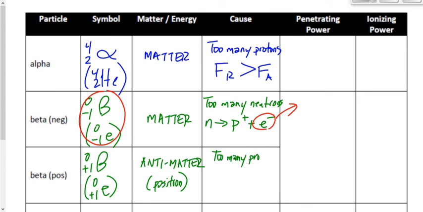But this time, it's not an issue of the force of repulsion being too big. This time, it's once again an issue of the energy being unstable. So, what does the nucleus do? It tries to reduce the number of protons. And it does that by changing a proton into a neutron.